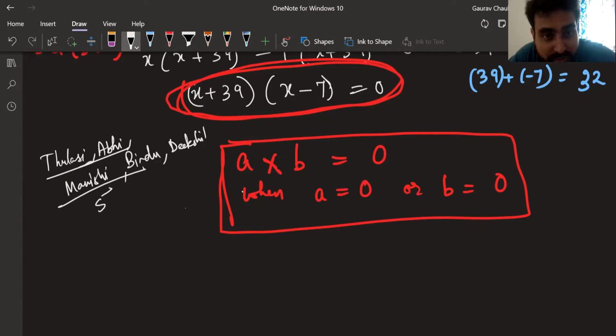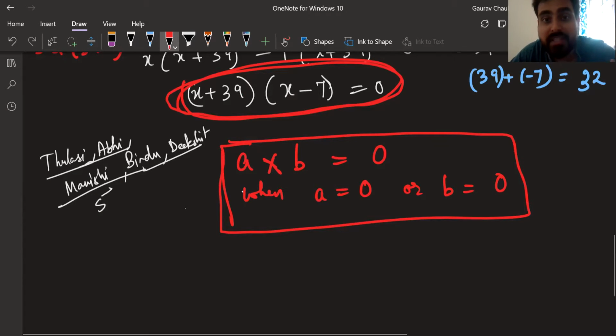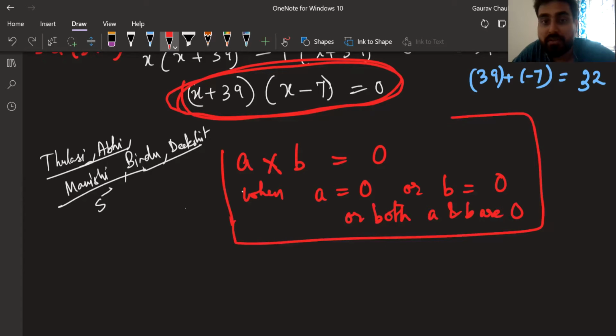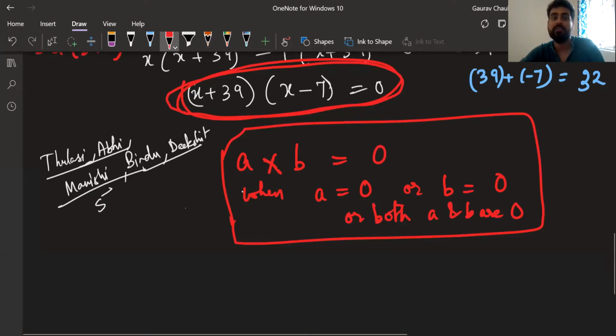Dikshit is saying or both are equal to 0 also. That's absolutely right, I missed it. Both A and B are 0. Okay, 3 situations. In all these 3 situations, you get A into B equal to 0.